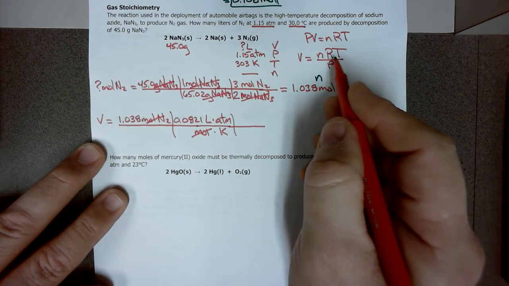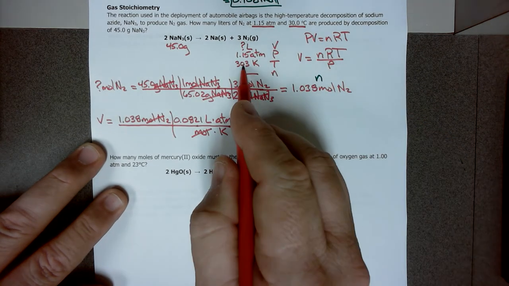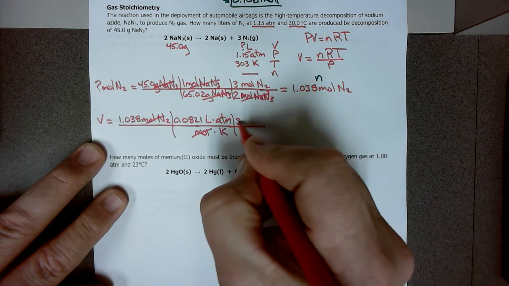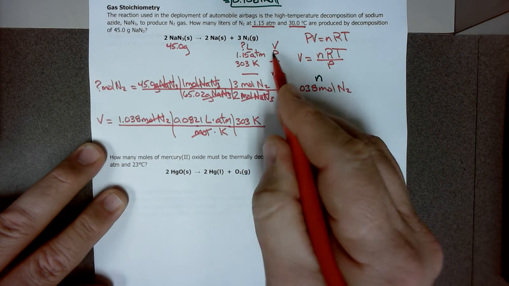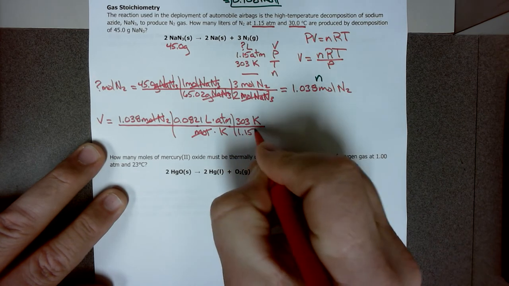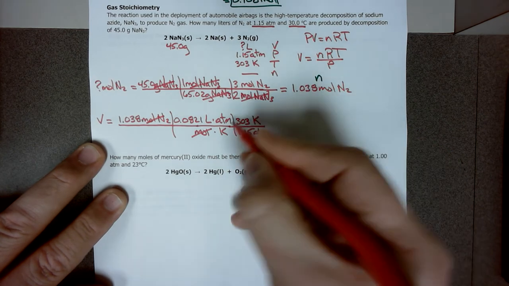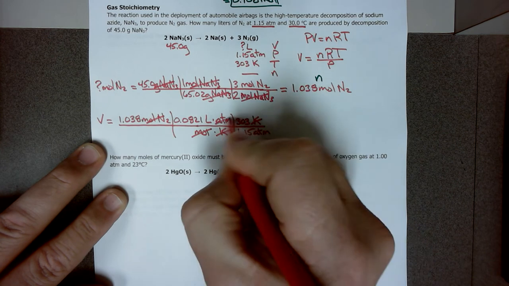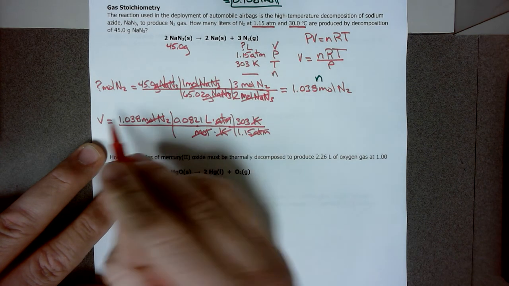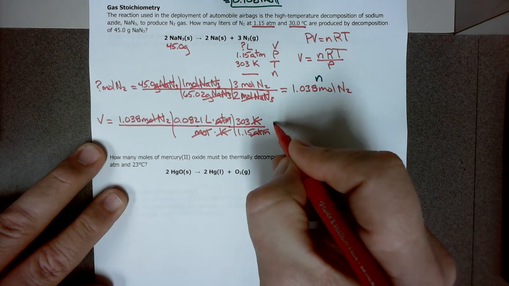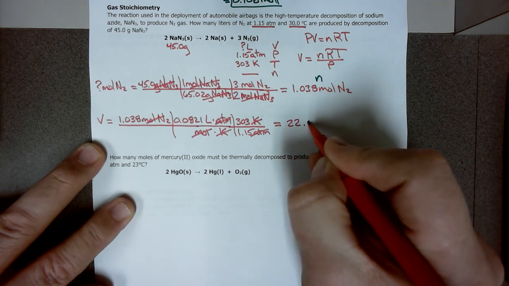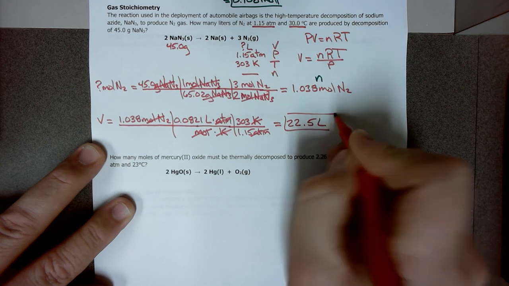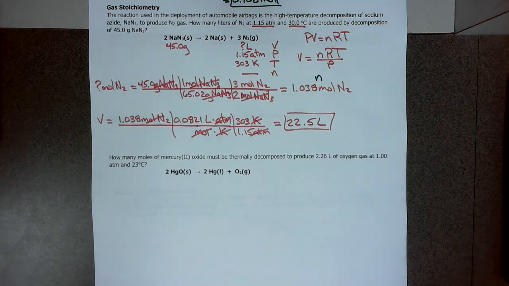And we want T next, and my temperature is 303 Kelvin. And then P on the bottom, which is 1.15 atmospheres. Kelvin cancels, atmospheres cancel. I'm left with liters. That's a volume unit, and that's what I'm looking for. And this comes out to be 22.5 liters.